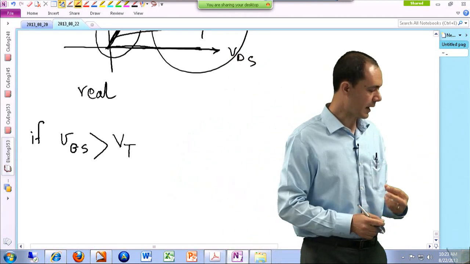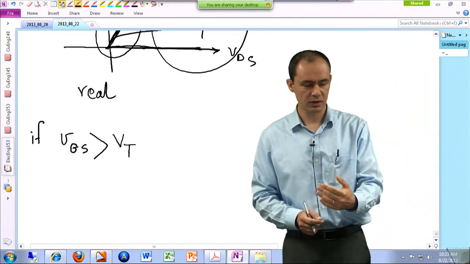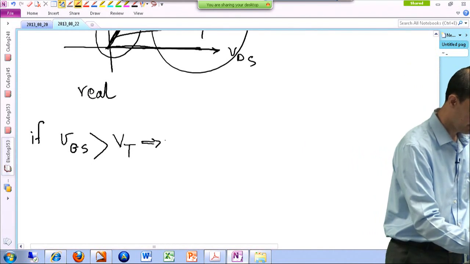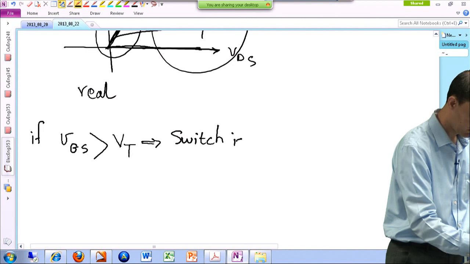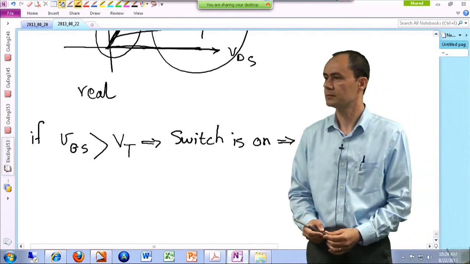If the voltage that I'm applying from gate to source is larger than that threshold, then the switch is on, and therefore ideally there won't be any voltage drop across the MOSFET.